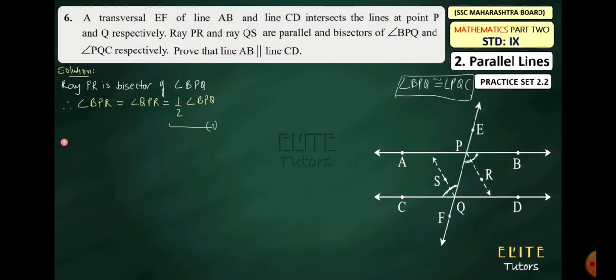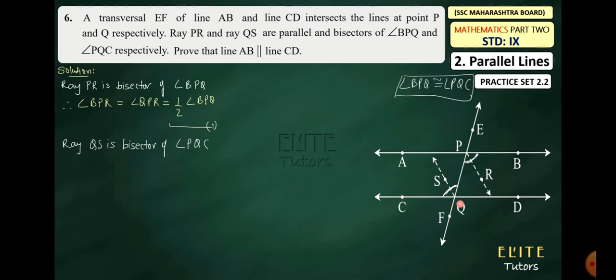Similarly, we can come to the next bisector. Ray SQ is the bisector of angle PQC, which is also given in the question. That means SQ divides PQC into two equal parts.